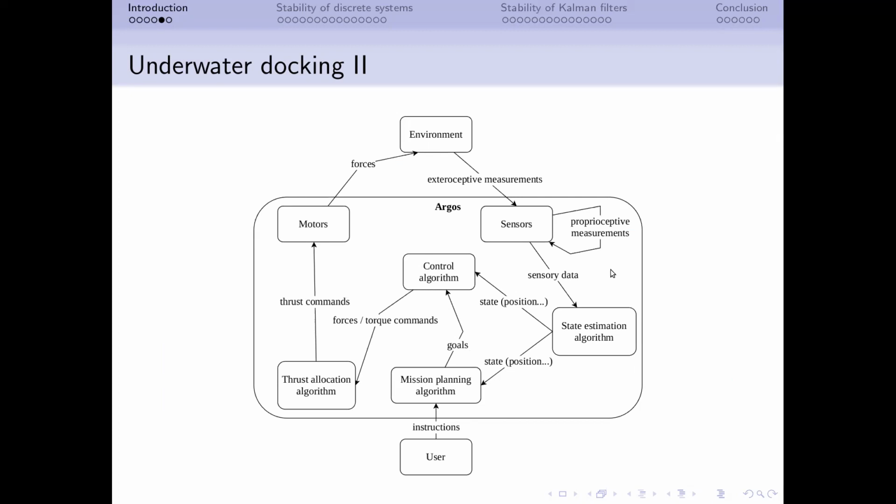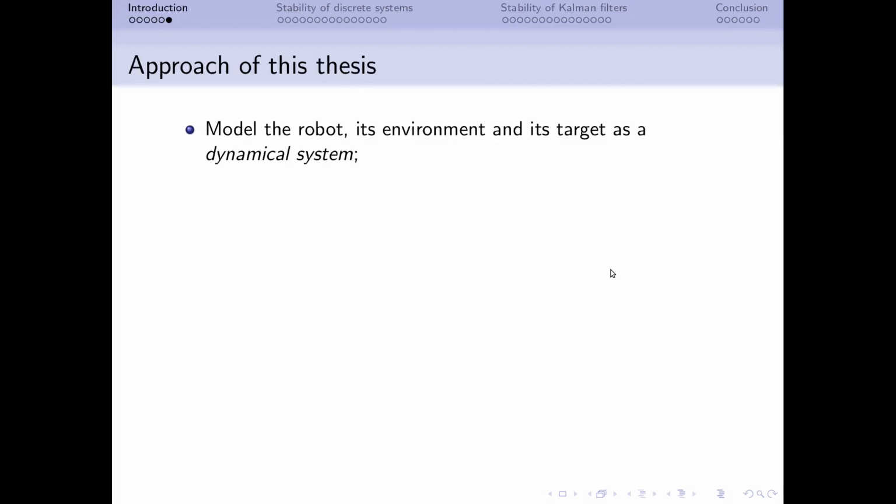In this thesis, I didn't develop new methods to perform docking maneuvers because they already exist. They are used quite a lot in the industry and they work pretty well.